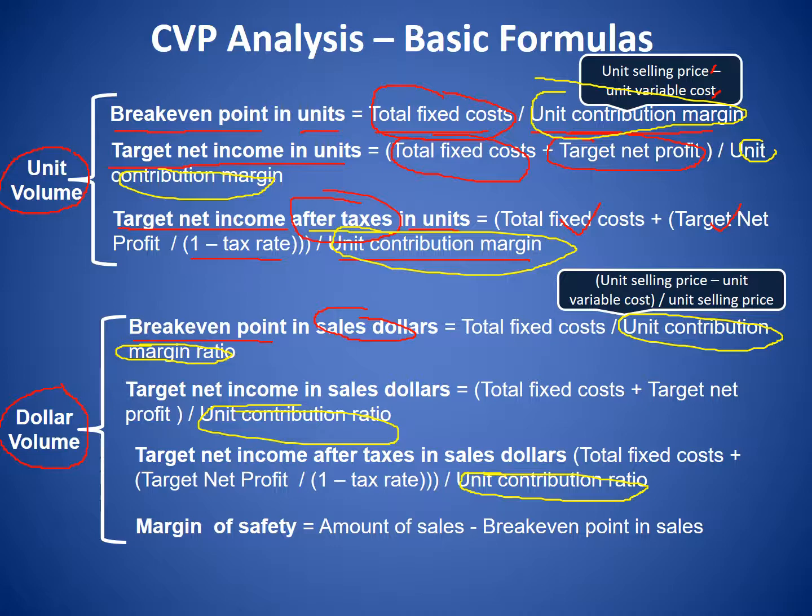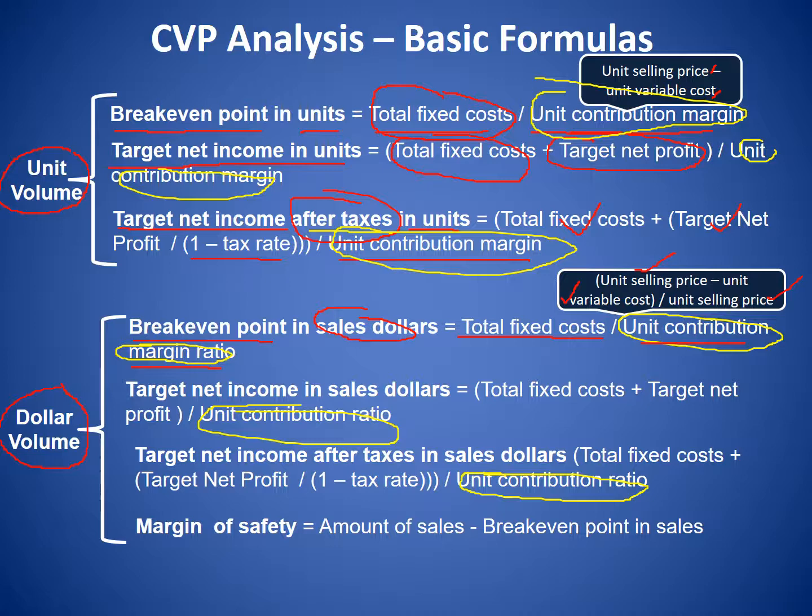It's my total fixed cost, just like that first calculation under unit volume, but now it's divided by my unit contribution margin ratio. And again, remember, the unit contribution margin ratio is your unit selling price minus your unit variable cost divided by the unit selling price. So it's going to be a percentage.